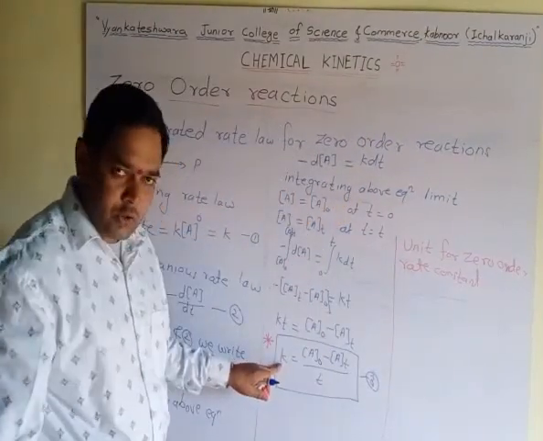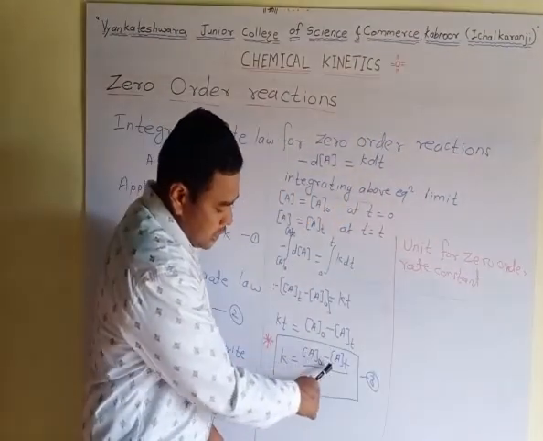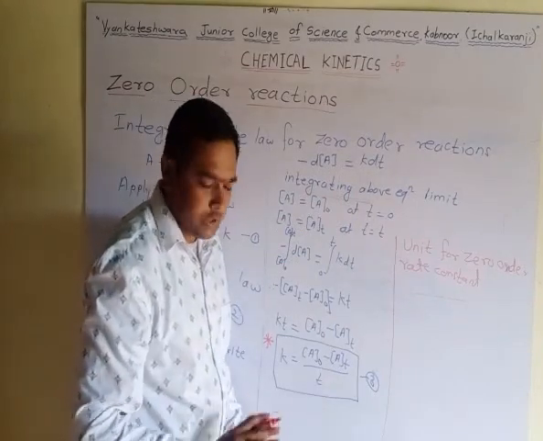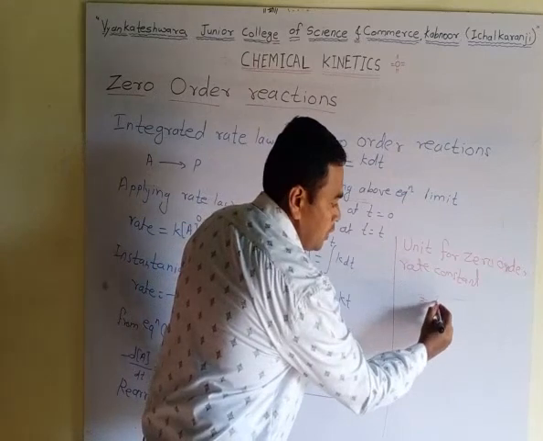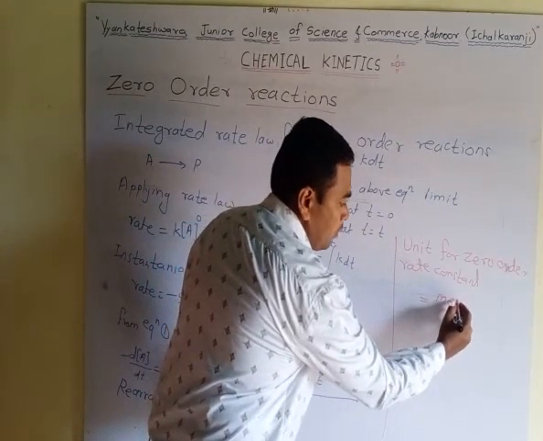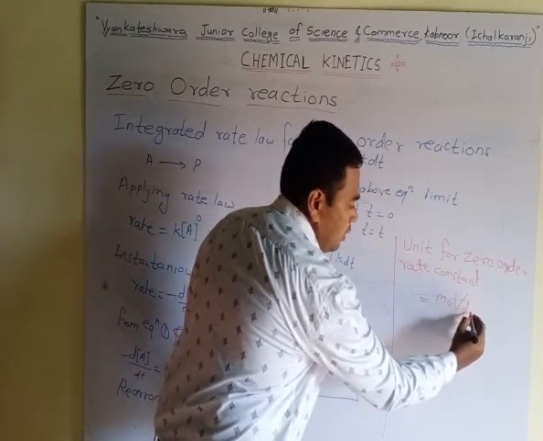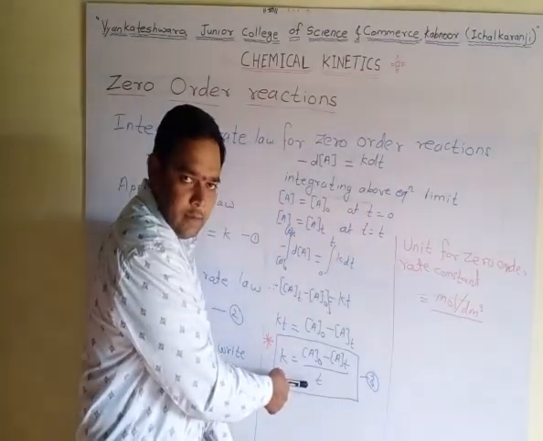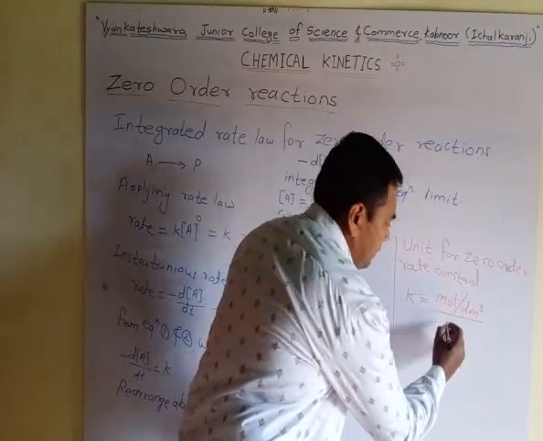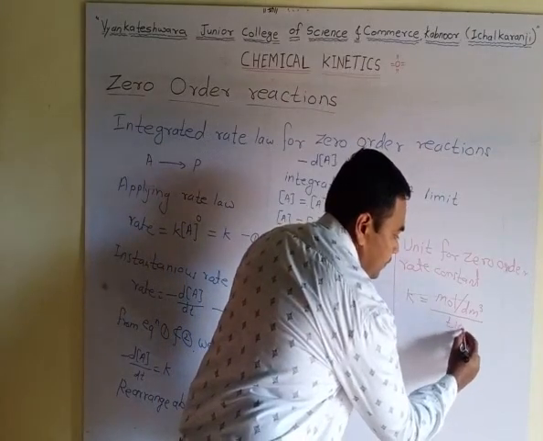In this case, A0 and At are the concentrations of reactant A. Therefore, this is expressed in moles per dm cube, divided by time.